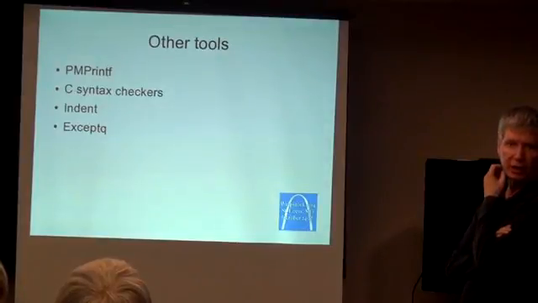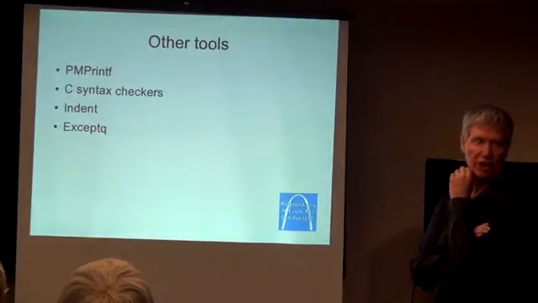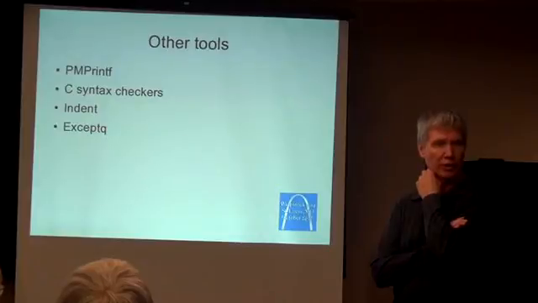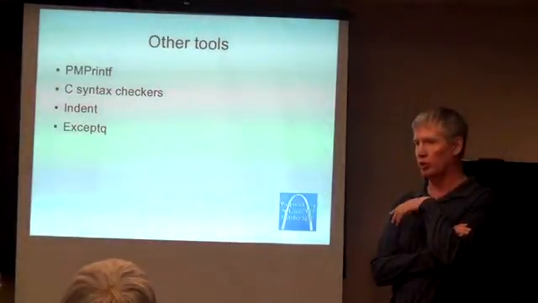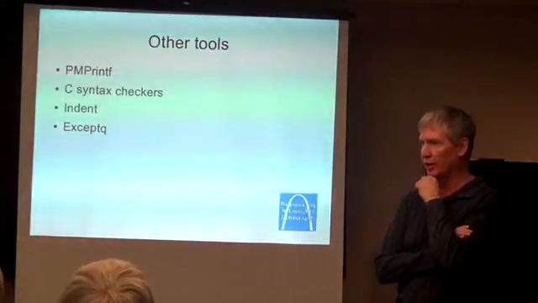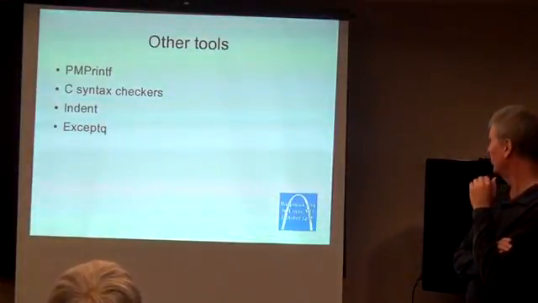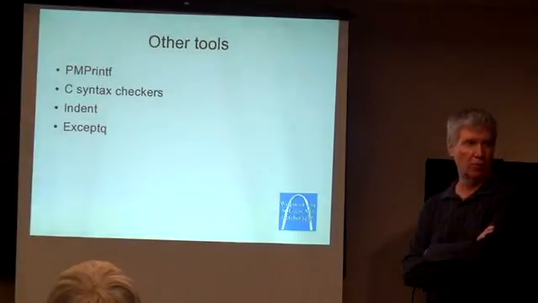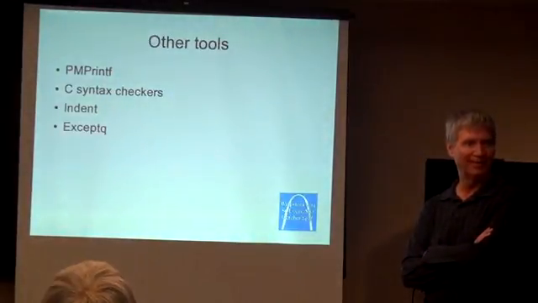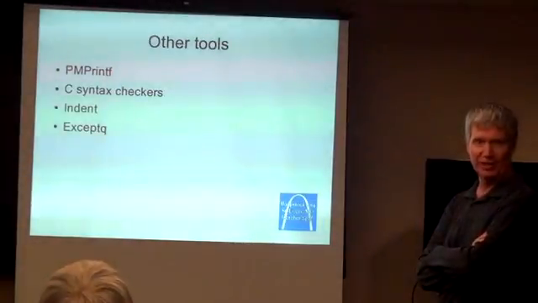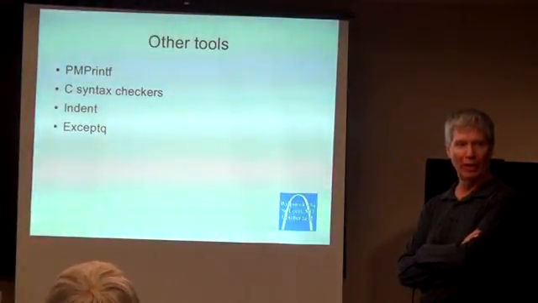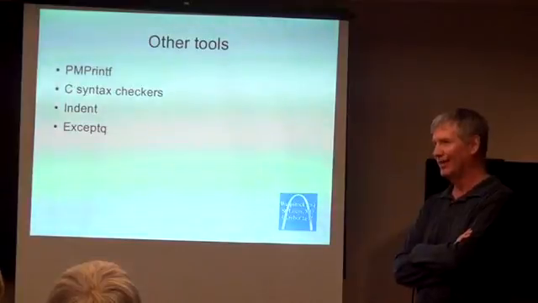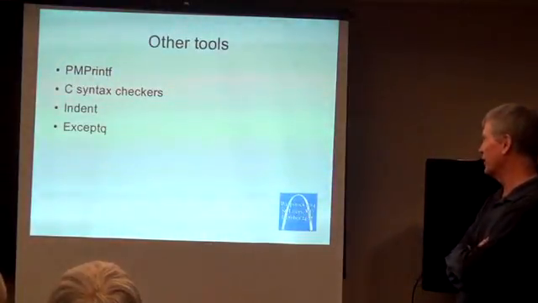There is at least one C syntax checker out on Hobbes that you can run against your code, which will point out your obvious stupid errors, like your index number is one too small on a variable. Stuff that compilers don't catch, but that as soon as you see it, your problem is obvious.